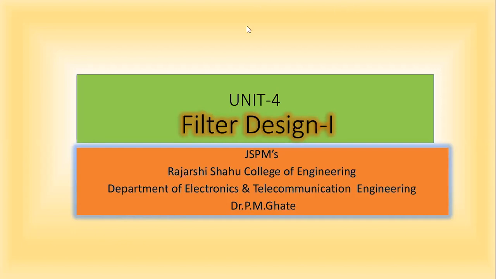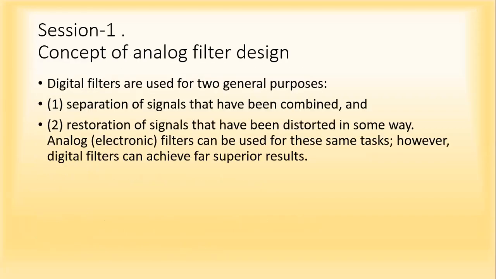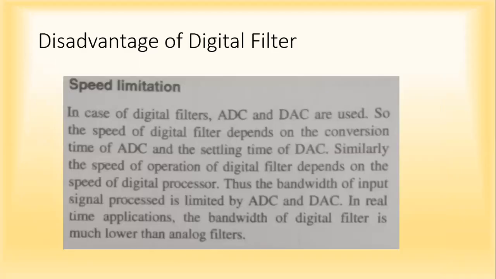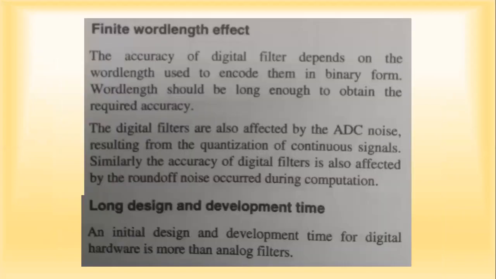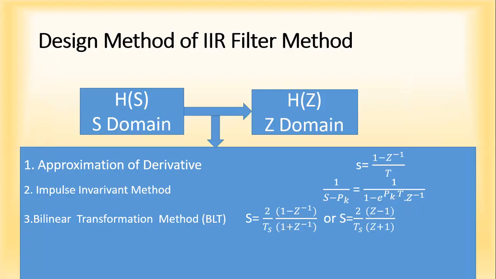When we find the H of z, there are different methods to design the H of z. By using that method, we understood how to design a filter, or convert the H of s domain into H of z, and this is nothing but the designing of a filter.